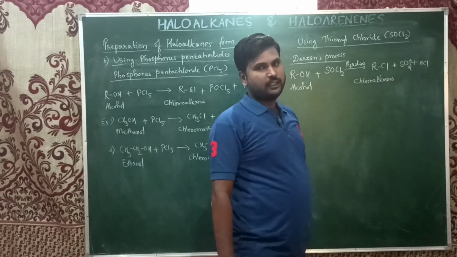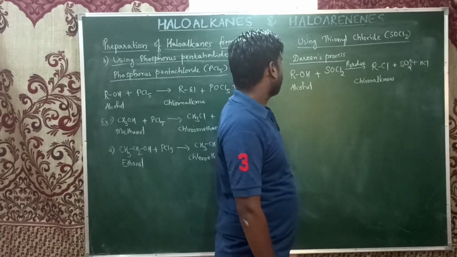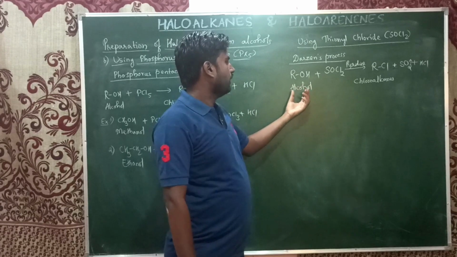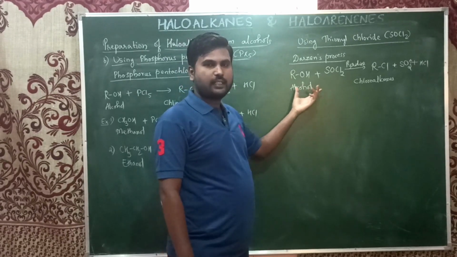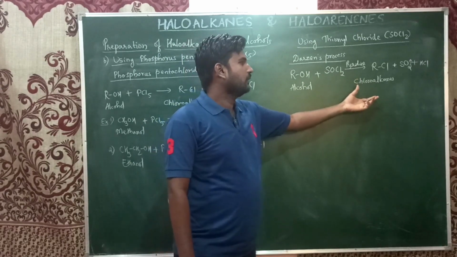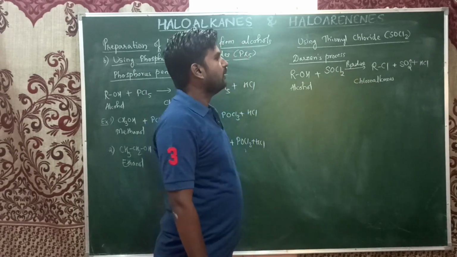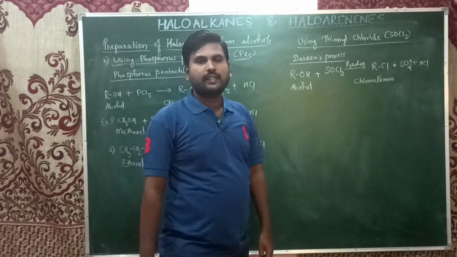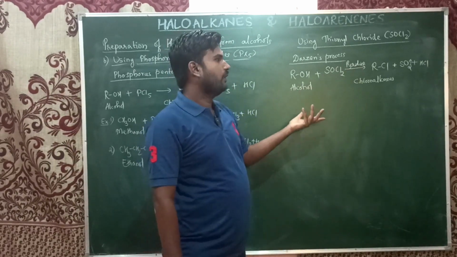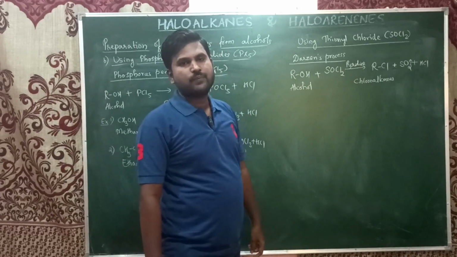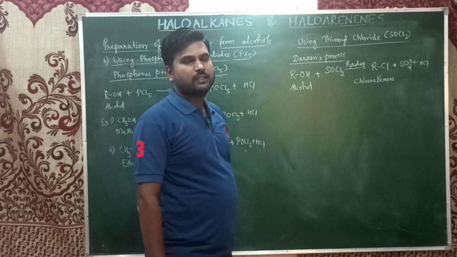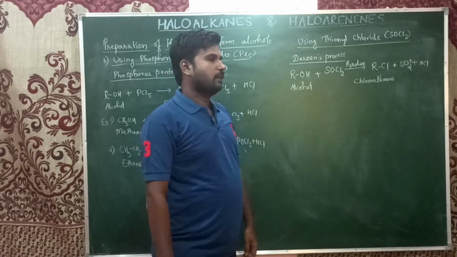Okay, this reaction is known as Darzens reaction or Darzens process, where an alcohol reacts with thionyl chloride in pyridine. It gives us chloroalkanes with the elimination of sulfur dioxide and HCl. Most of the time the HCl is dry HCl and can evaporate. If it is a liquid, it gets neutralized by pyridine, and the neutralized salt can be easily separated out.